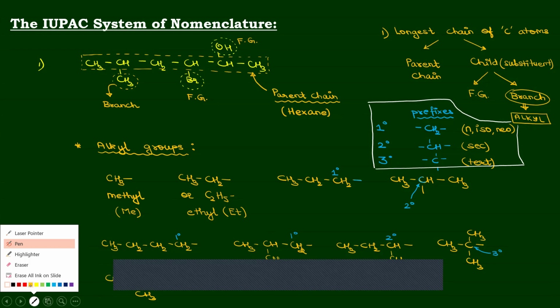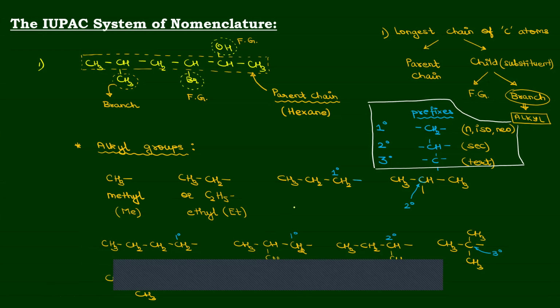The first propyl variation is a primary with a straight chain of carbon, so it becomes n-propyl. The next one is secondary, so it will be sec-propyl.